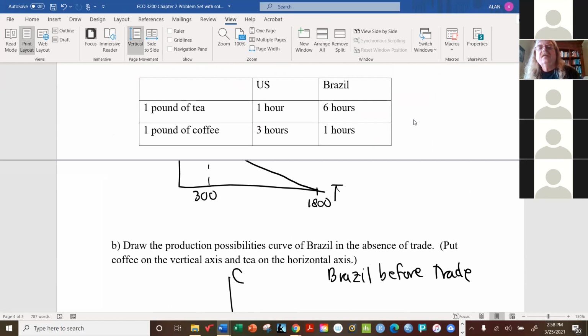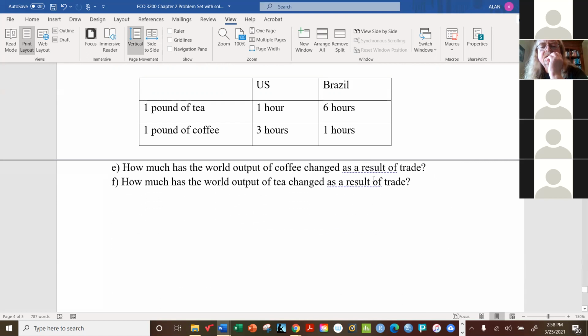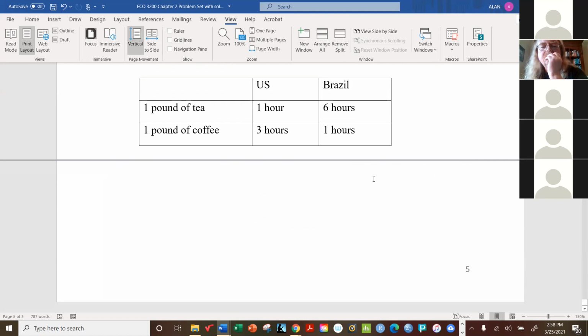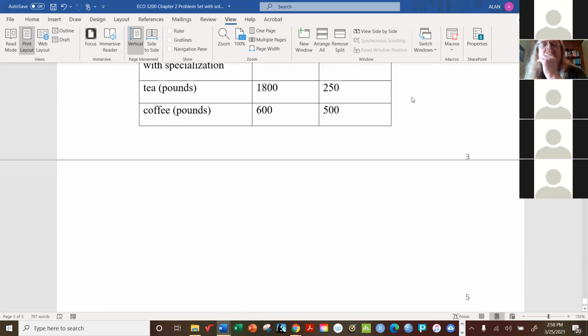No, let's make for Brazil, they have 1,500 hours. And they're capable of producing this much of each. So how would they like to split that up?